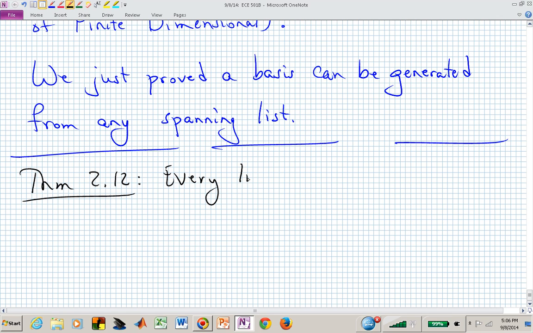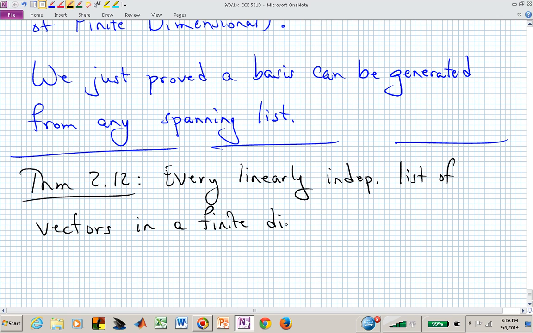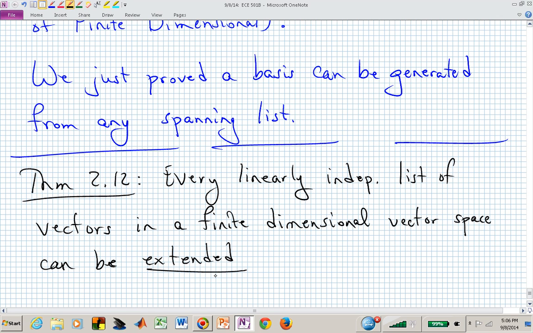Every linearly independent list of vectors in a finite dimensional vector space can actually be increased or extended to a basis.